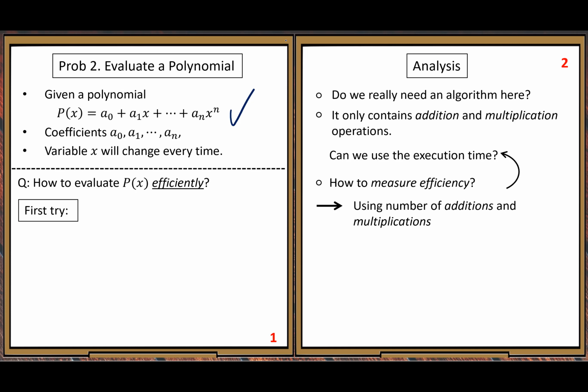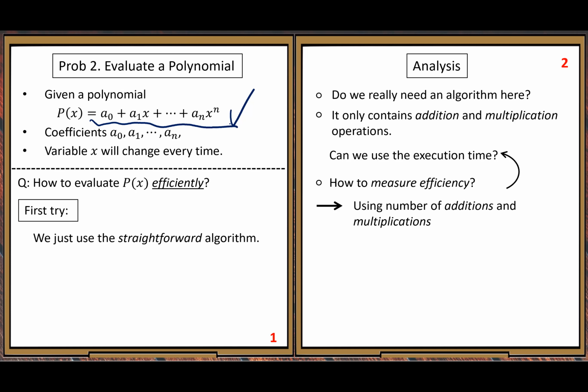I try to remind you of the basic counting techniques, not advanced. Now let's do the counting. The first time, we do it the straightforward math way, just multiplication and addition, when you find the value of this polynomial the normal way.